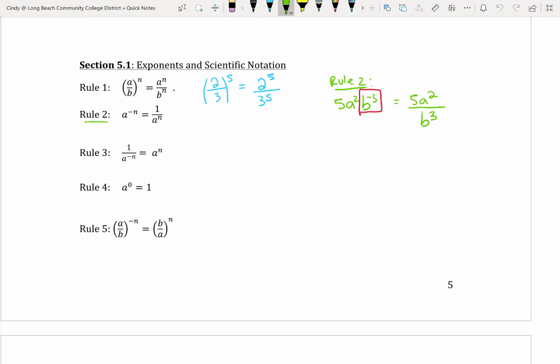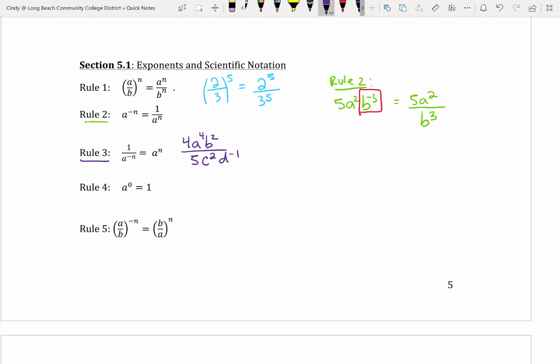So rule number 3, what that is doing is it's actually kind of doing it in reverse. If it's negative on the bottom, then you bring it to the top. And that's why I say if you have a negative exponent, bring it to the opposite side. So for example, for rule number 3, if I have 4a to the 4th b squared over 5c squared d to the negative 1.